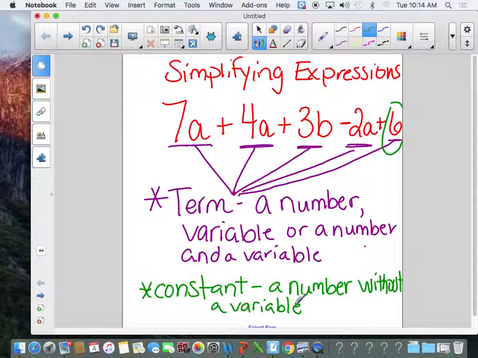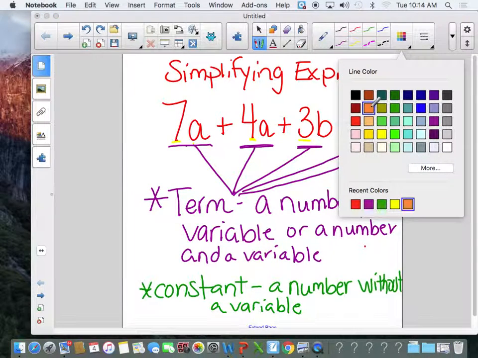And my last vocab word is the number that's in front of, so we know what a variable is, right? We know what the number without a variable is. Do we know what, say, the 7 is called? Do we know what the 4 is called? The 3, the 2? Not just the number. It's called a coefficient. So with a different color, you're going to write coefficient.